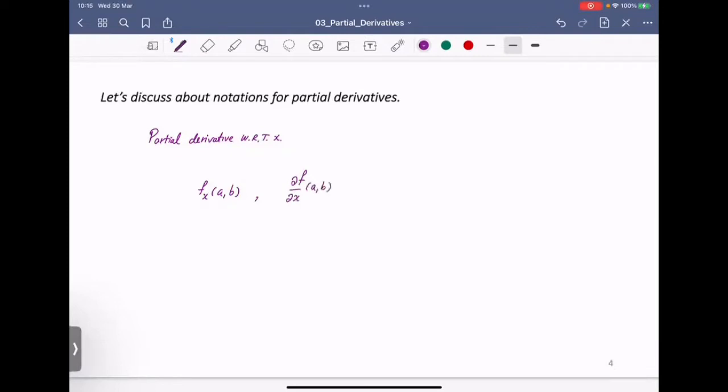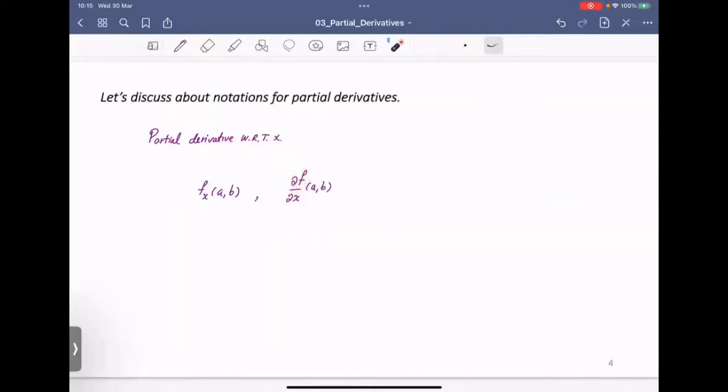Well, this is the same notation as you did in Cal 1, but the different thing is you make this d more curvy. This is called curl. In math, we read it as a curl. So sometimes you're gonna see people read this as curl f by curl x. That's fine.